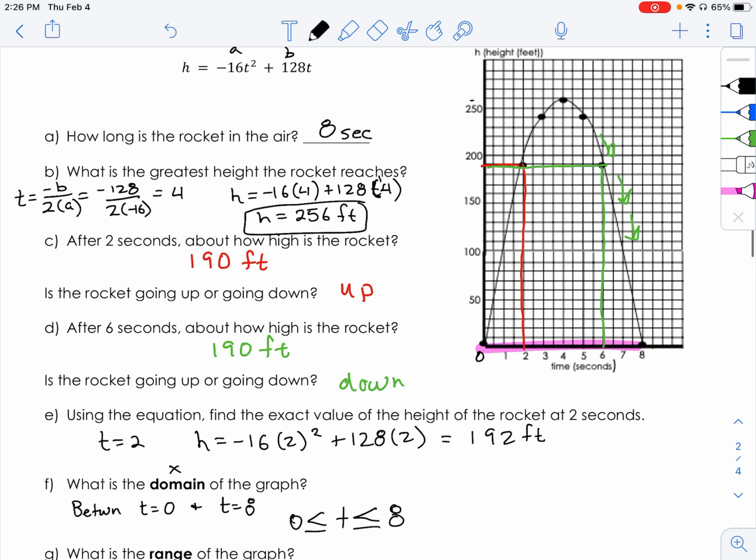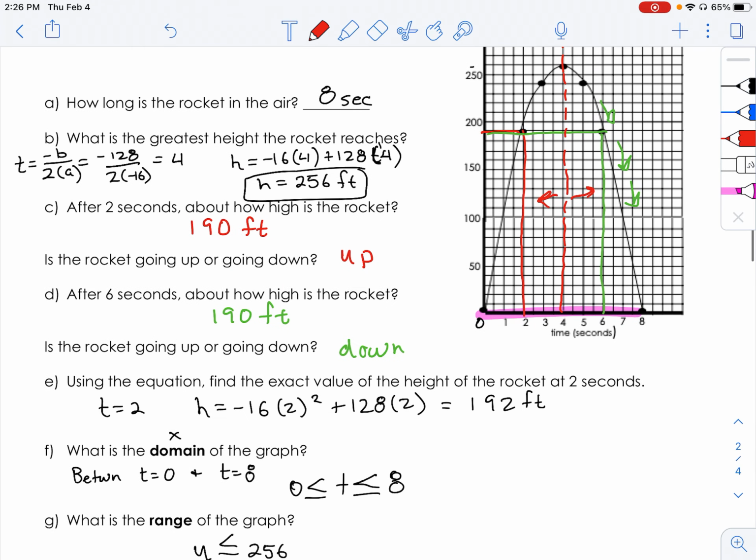Because remember, our axis of symmetry goes straight down the middle. So on this side of the axis of symmetry, it's increasing. On this side, it is decreasing. So that's how I got between 0 and 4, and then between 4 and 8.